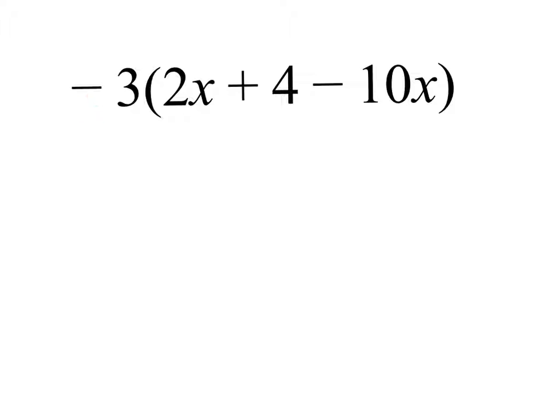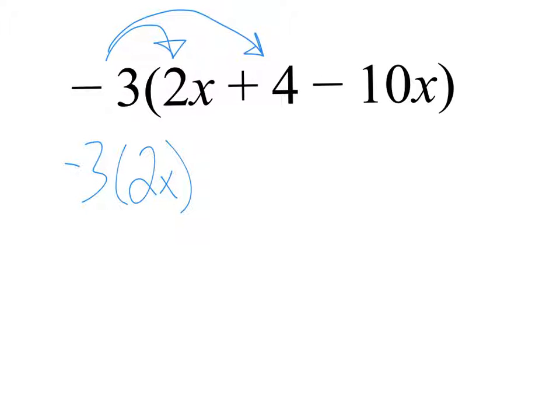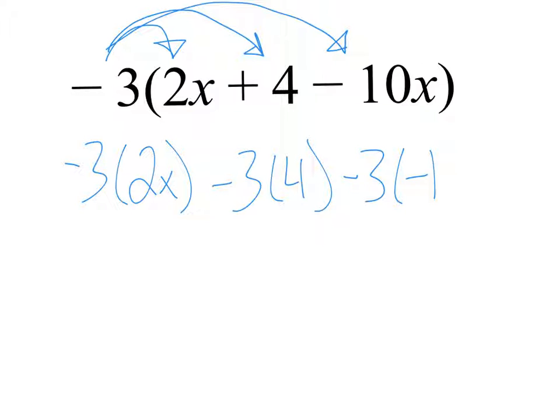So the negative goes with the 3 when we distribute. So we're going to do negative 3 times 2x. Then we're going to have negative 3 times 4. And then very last thing, way down here on the end, we have negative 3 times negative 10x.